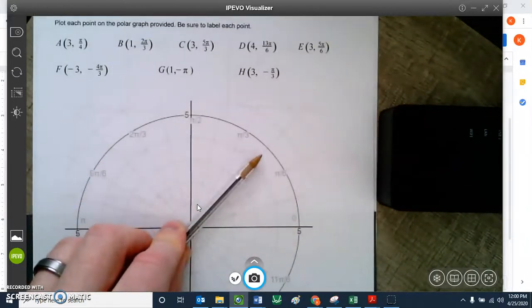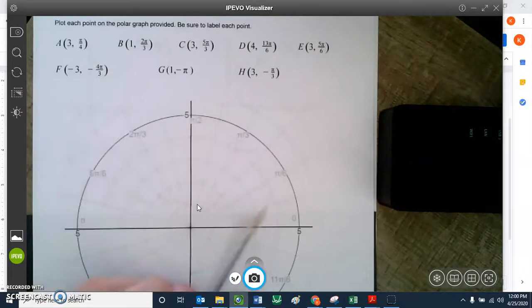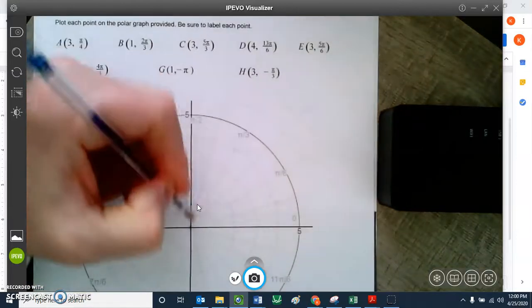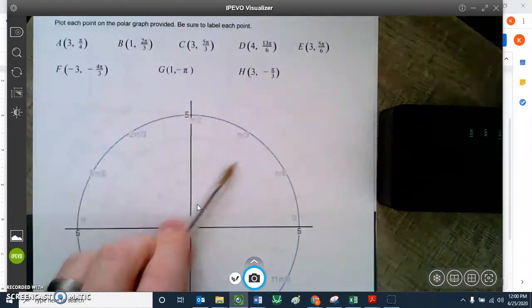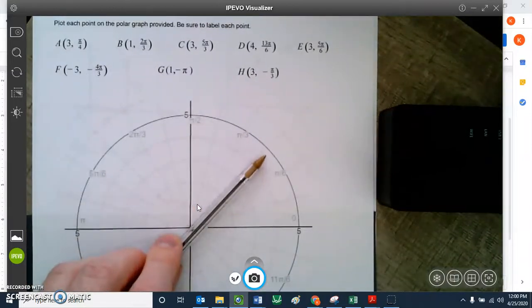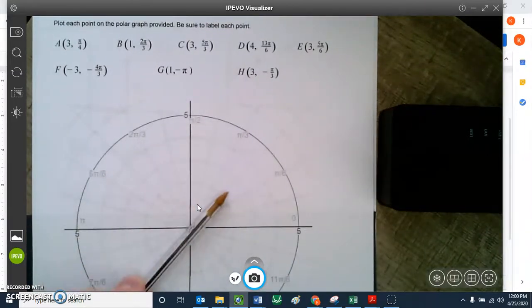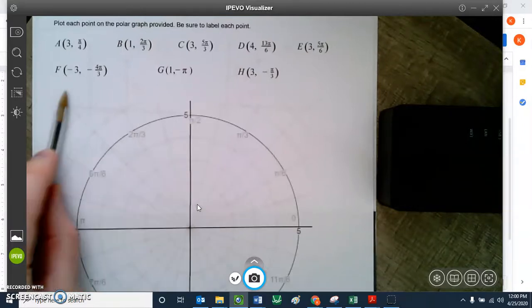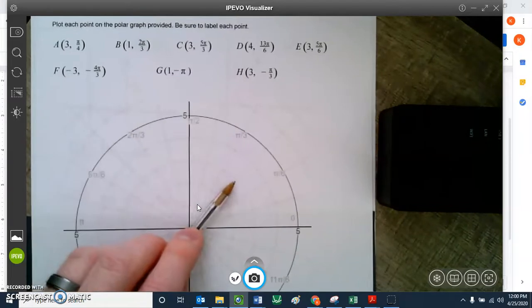Pi over 4 is right here. This graph I gave you was nice enough to break it into pi over 6's for me, 1 pi over 6, 2 pi over 6, 3 pi over 6, but we still do have the 45s in there as well. So pi over 4 is going to be this line right here. My positive values for r now are going to be in this direction. See, I'm using the end of my pen to give you where the positive directions are, because eventually you start seeing some up here. They're not positive, and we'll deal with that when we get to it.